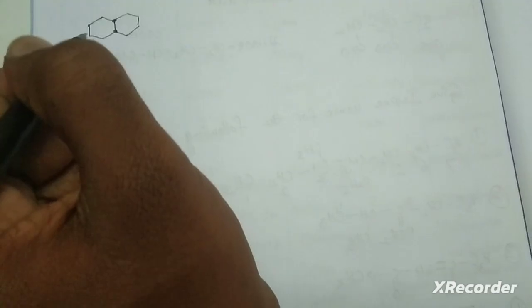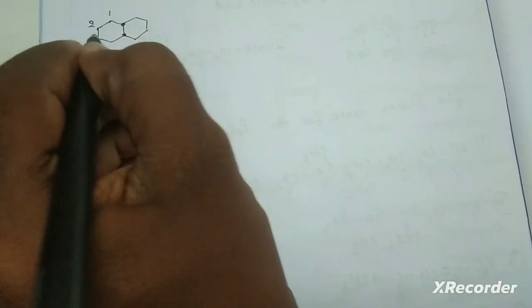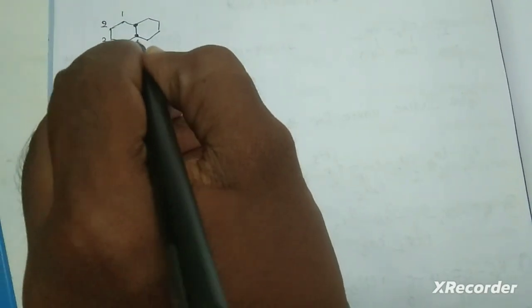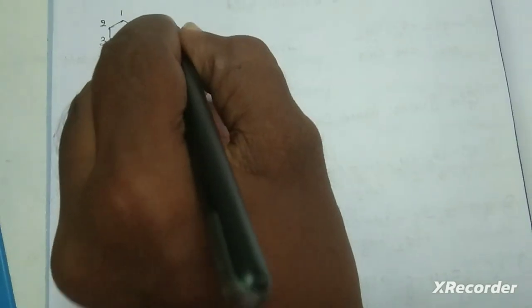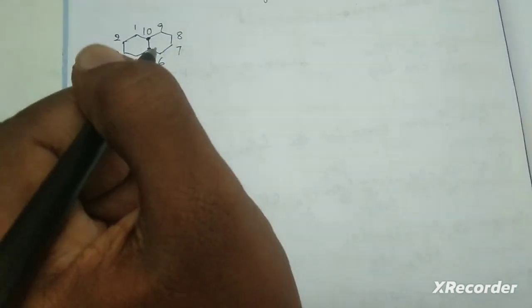If both rings are the same size, you can give the numbering from any side. 1 2 3 4 5 6 7 8 9 10. This is the way of giving the numbering.